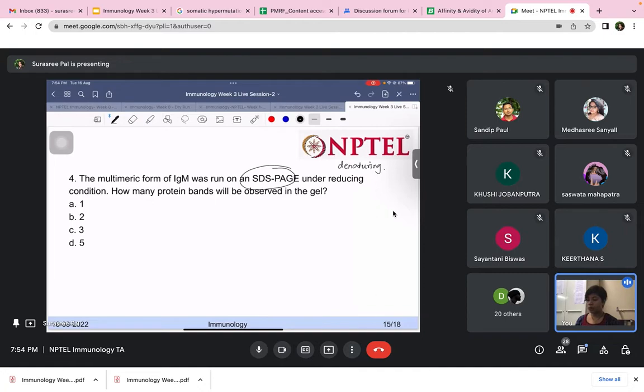Some of you were also saying 3 bands will be observed. Can anybody explain?